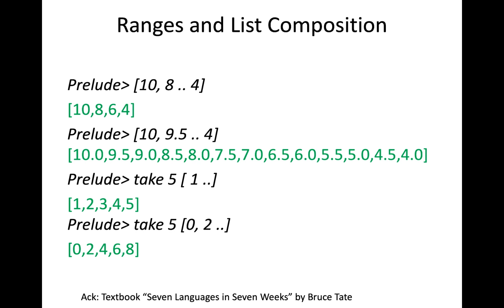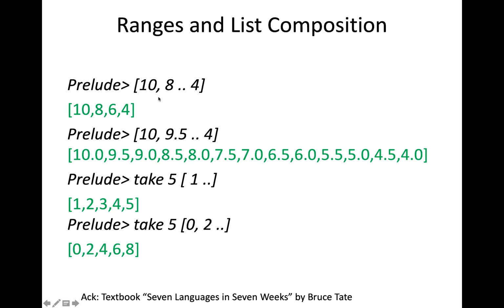There are ranges available in Haskell. It was also available in Scala, right? And here is an example. This is a list which starts with 10, next element is 8, then dot dot, means it can go on, and the last element is 4.